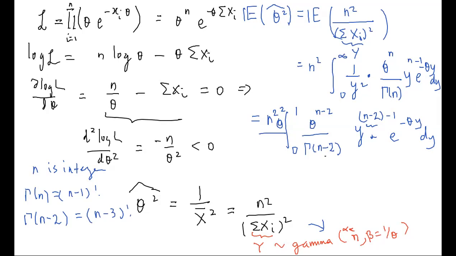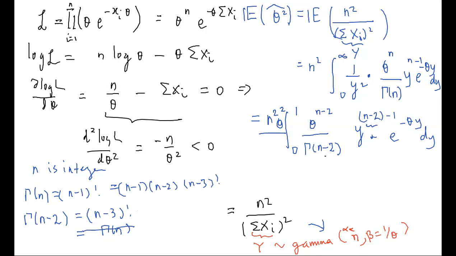So how can you relate gamma n minus 2 to gamma n? Let me see. Basically this is n minus 1, n minus 2 times n minus 3 factorial.